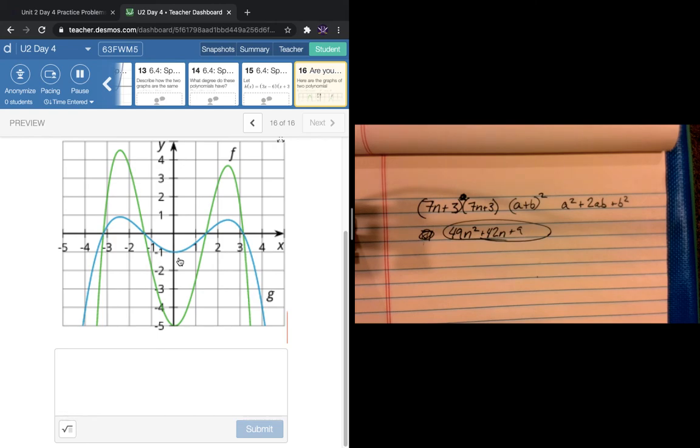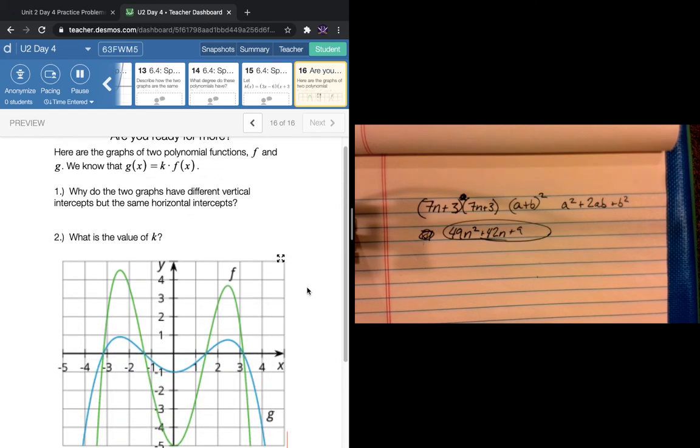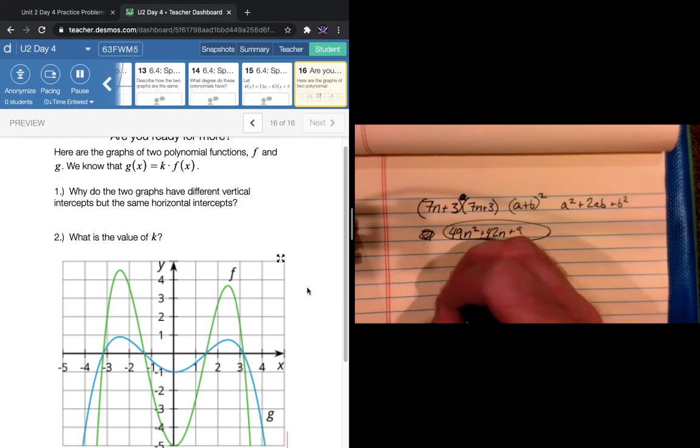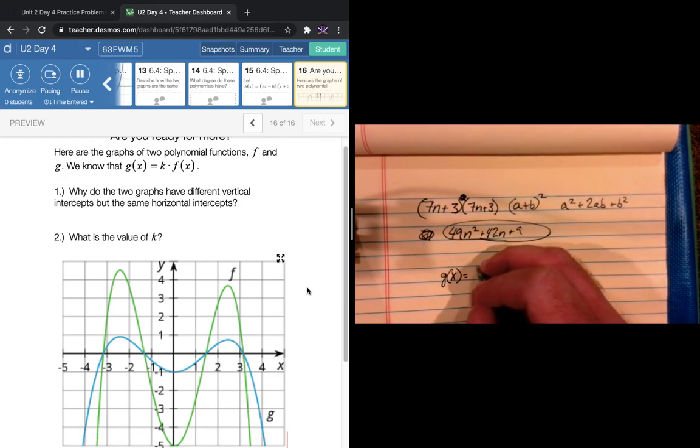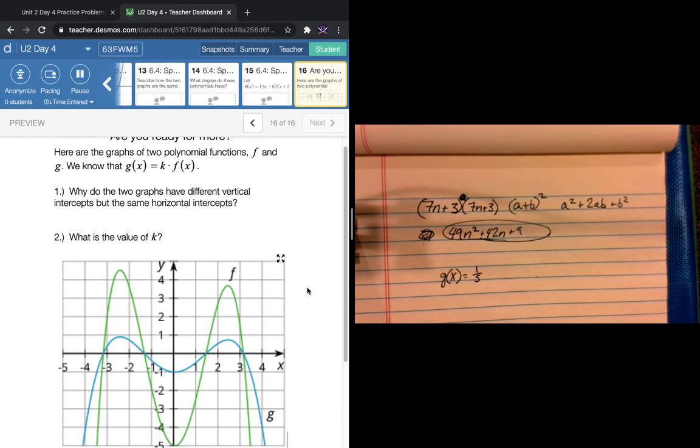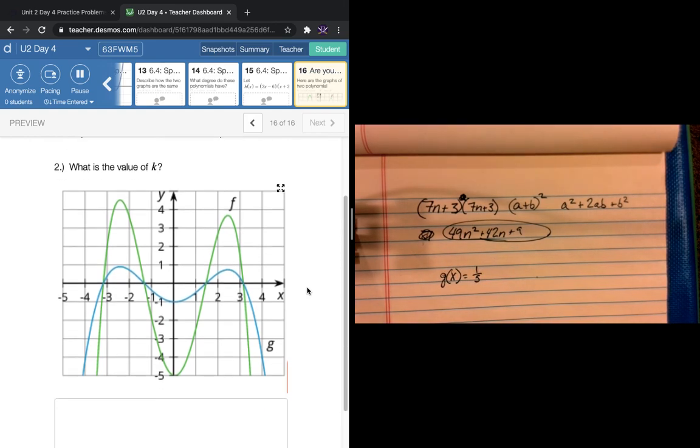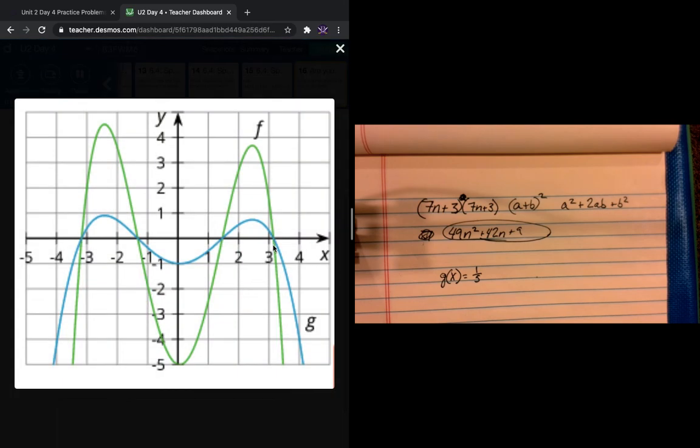So the A on this equation, or g of x, is 1/5. And if we wanted to, we could click on this and draw our zeros. You're going to get somewhere in those ranges, but 1/5 would be what you multiply.